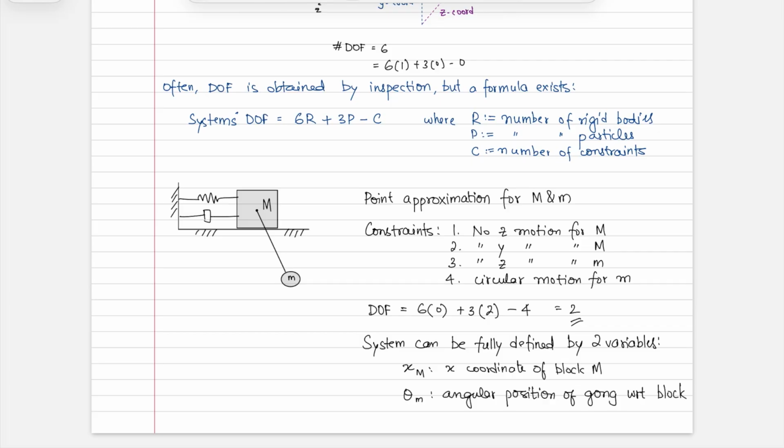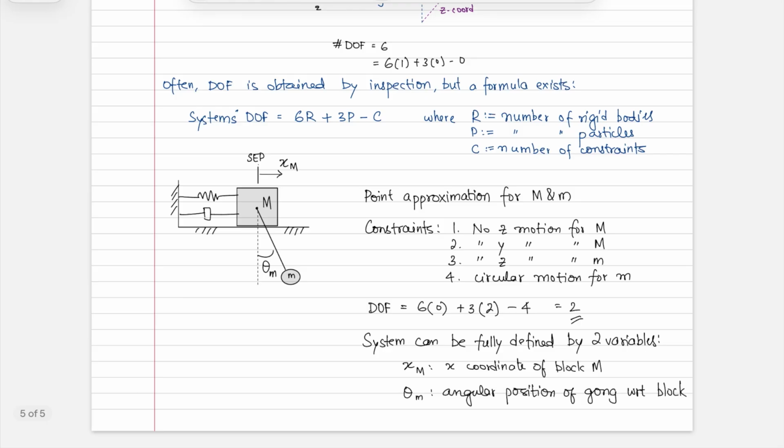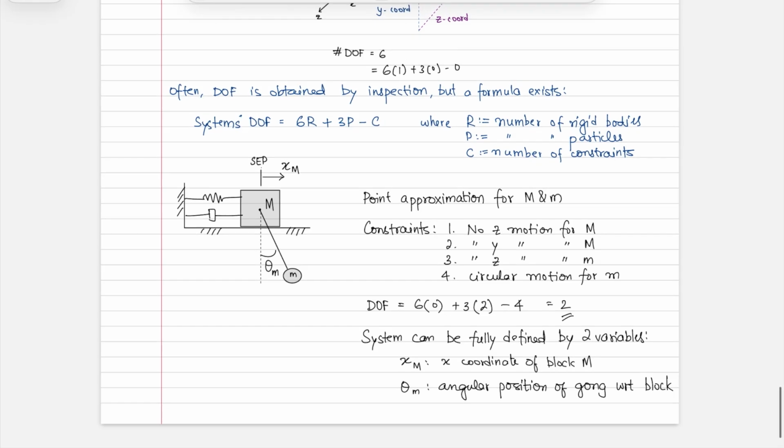So if I were to now define it, this here can be theta small m, and with respect to some SEP of this system, let's say this is the SEP, you have xm measured in this way. Okay, so this here would be fully defining the system.